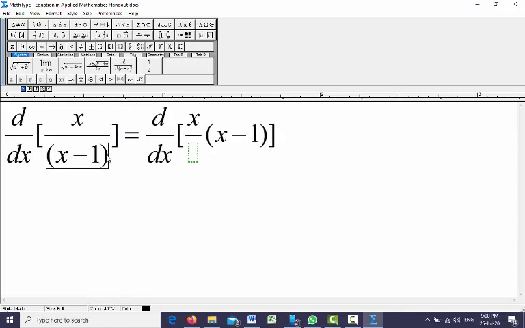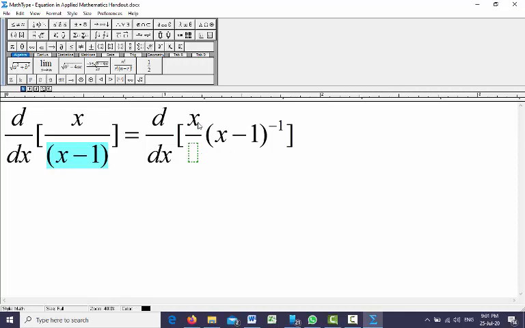As you can see, there is no visible power over this bracket, but there is a power, which is 1. If you lift this one up from the denominator to the numerator, the power will become negative. So we will have minus 1.